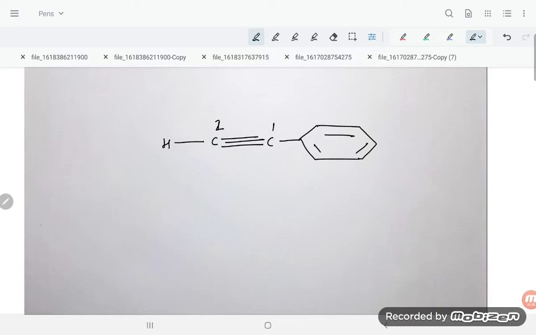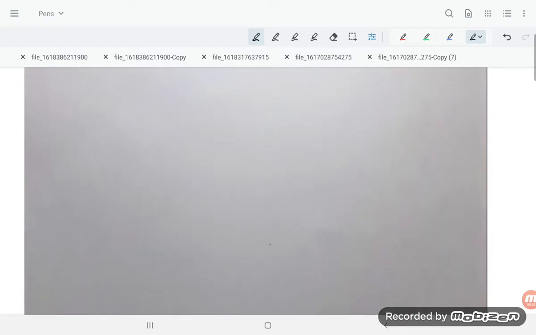If you are going to write the name, it will be phenylethyne. This is our name, phenylethyne, or you can write 1-phenylethyne. So this is the name of this hydrocarbon.